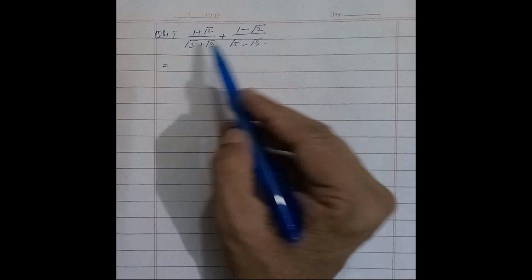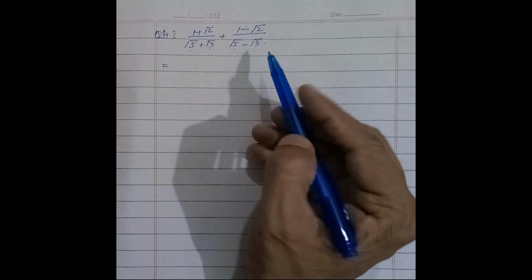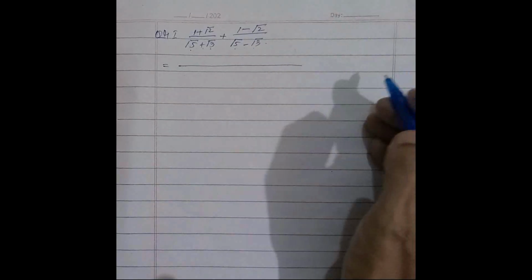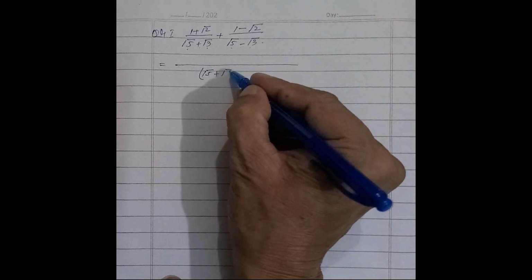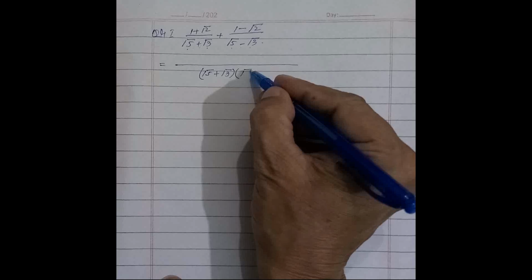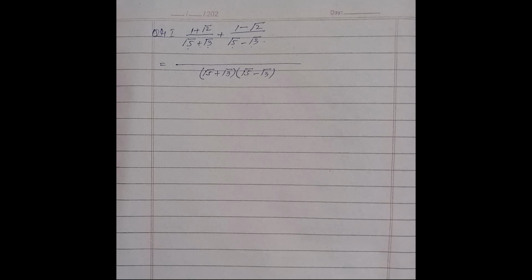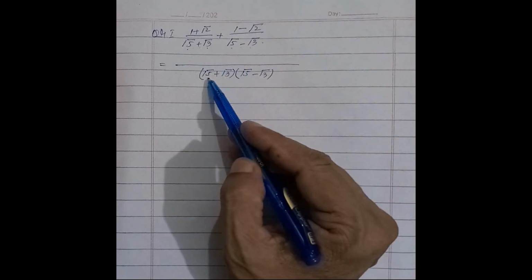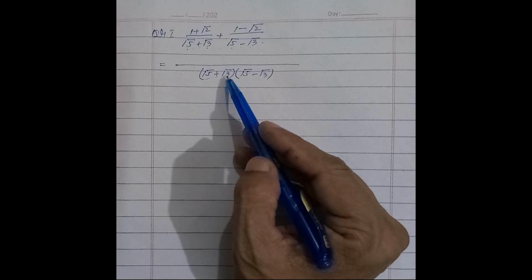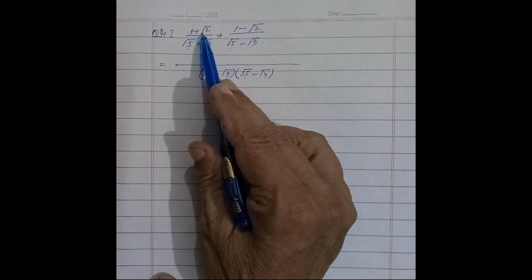In these two fractions, the denominators are square root 5 plus square root 3 and square root 5 minus square root 3. When we take their LCM, the LCM is (square root 5 plus square root 3) into (square root 5 minus square root 3). According to the method, LCM is divided by the first denominator, square root 5 plus square root 3, which cancels, and the answer is square root 5 minus square root 3, and it is multiplied with the numerator.